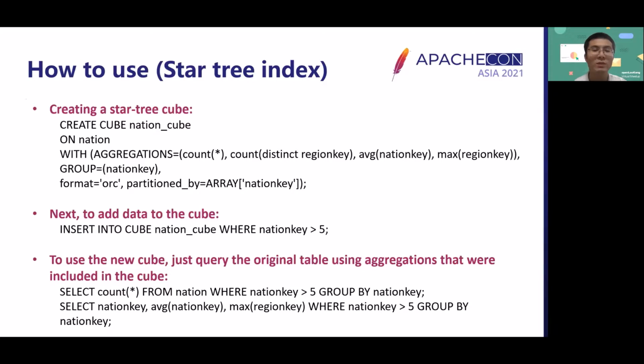That is, we won't load data from the table nation, but we just load the data from the star tree index and return the count star value, the aggregation values, to the user by using the pre-aggregation star tree index.